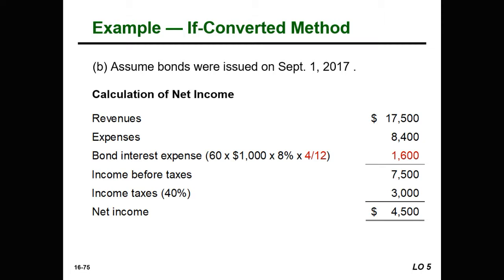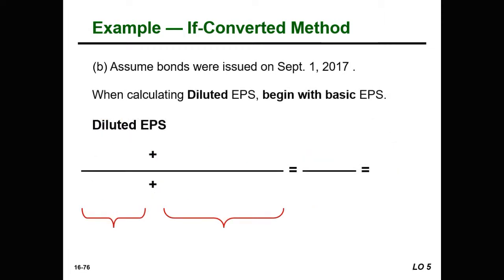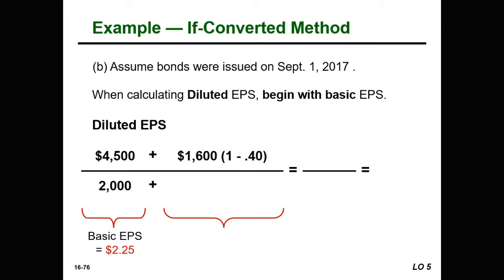So instead of 4,800, it's 1,600. We start with 4,500 divided by 2,000, or basic EPS at $2.25. We add back the 1,600 in interest expense multiplied by 1 minus 0.40 for us to negate the tax effect.